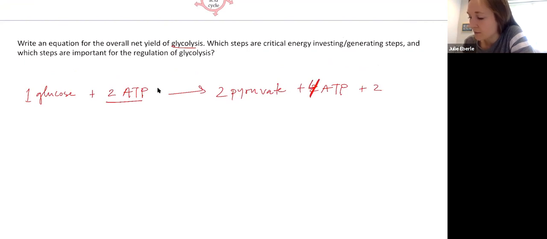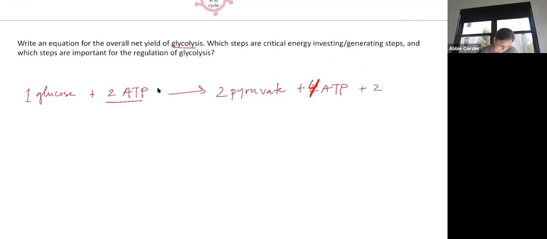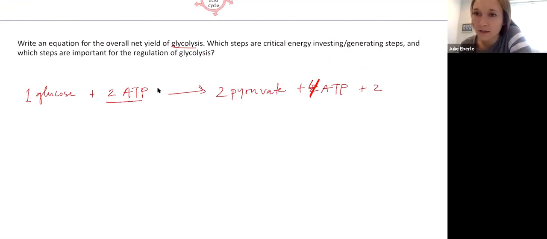You want to know why? Because we get a net of just producing 2. If we write 2 on both sides, it looks like we net no ATP. I'm sorry, I should have. Yeah, this has got to be 4 right here, because we get 2 ATP per glyceraldehyde 3-phosphate that runs through those energy generating steps. So we get 4 total, and we net 2. But we get 2 NADH. 2 coenzymes, reduced coenzymes.